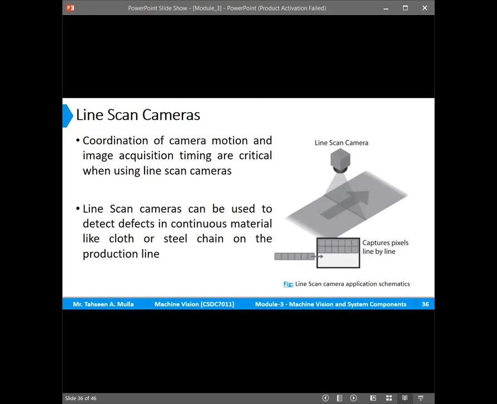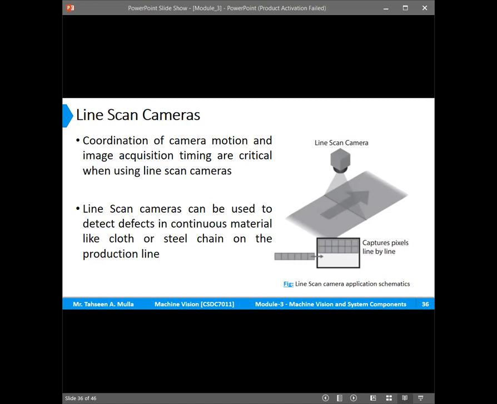The moment we click at any certain instance, the image will be captured, whether it is blurred or very good. But in line scan cameras, if you're using TDI sensors, the camera will move with the object, and the assurance is that the object will be moving on. So there's no static object that you need to just capture. It will be in a moving, continuous form.